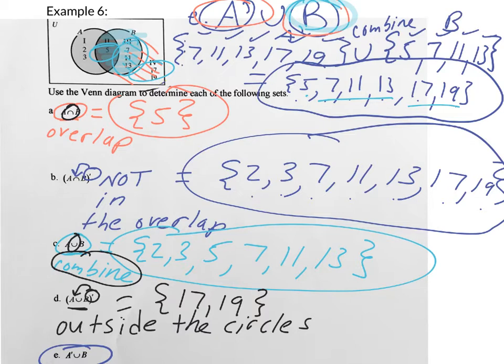If this had been an intersection symbol instead, then you would only list the area that has both colors on it, because intersection would mean the overlap, or the matches, what they have in common instead. But either way you do it, that's the final answer for part E.